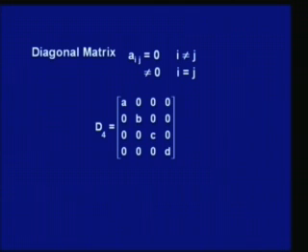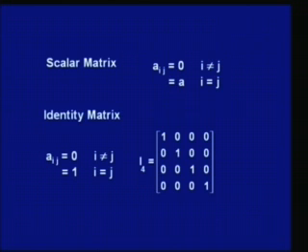So, these non-zero elements appear on the diagonal only. A scalar matrix is a very special form of a diagonal matrix. It is a square matrix defined as Aij is 0 whenever i is not j, but the diagonal elements are all equal and they are A. So, Aij is equal to A whenever i is j.